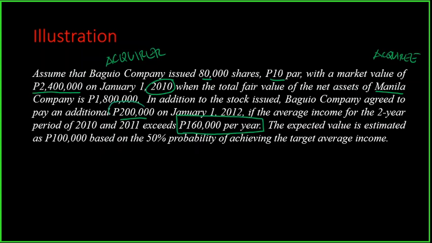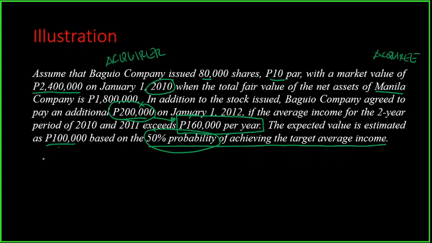So this 200,000 depends on 160,000. This is now the contingent consideration. The expected value is estimated as 100,000 based on the 50% probability of achieving the target average income. So if there is 50% probability, we can record it now. What's 50% of 200,000? That's 100,000.